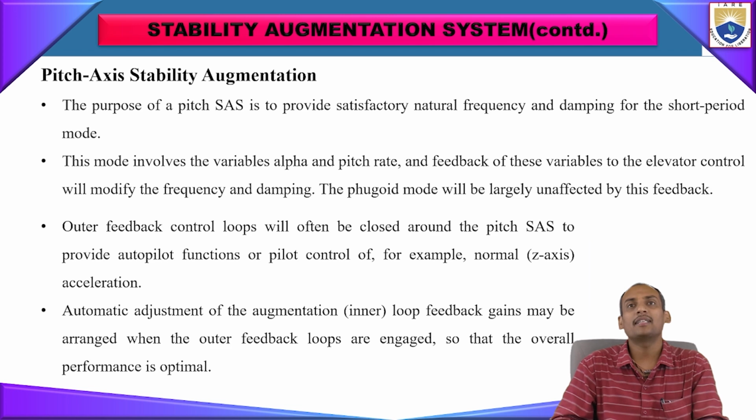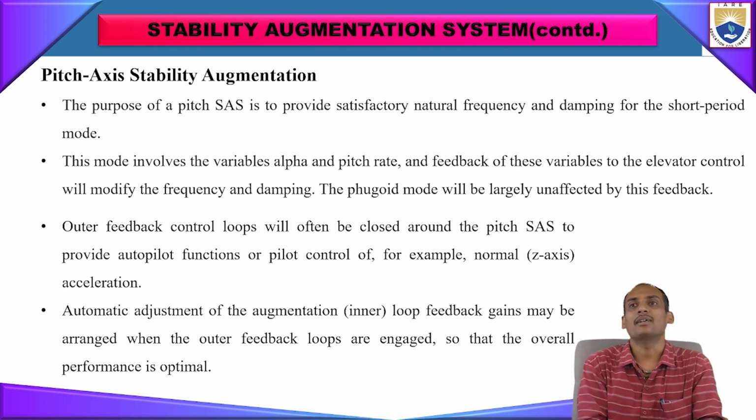This pitch axis stability augmentation system gives you satisfactory natural frequency and damping of the short period mode. It involves the variables alpha and pitch rate, so feedback of these variables to the elevator control will modify the frequency and damping, so that the phugoid mode will be largely unaffected by this feedback.